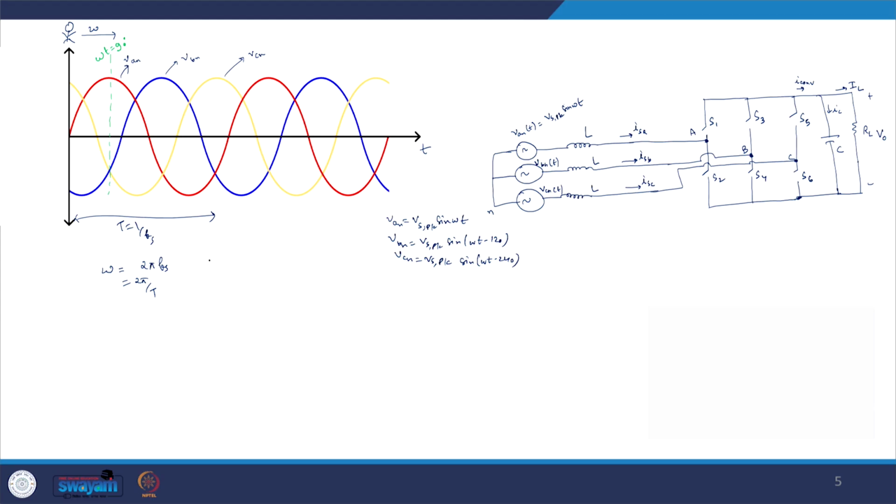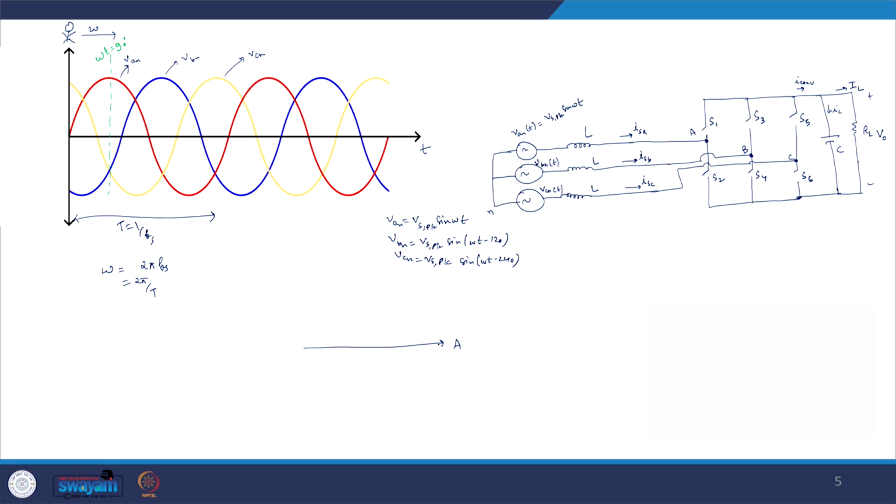So, if you are also moving with the same speed, let us say this is your A axis. Now, this is not with respect to time. Here I am taking the space, in the spatial domain, and let us say we have synchronized this axis in such a way that at this axis the A phase peak with respect to time has arrived. So, obviously after 120 degree in the time domain, the B phase peak with respect to time will arrive.